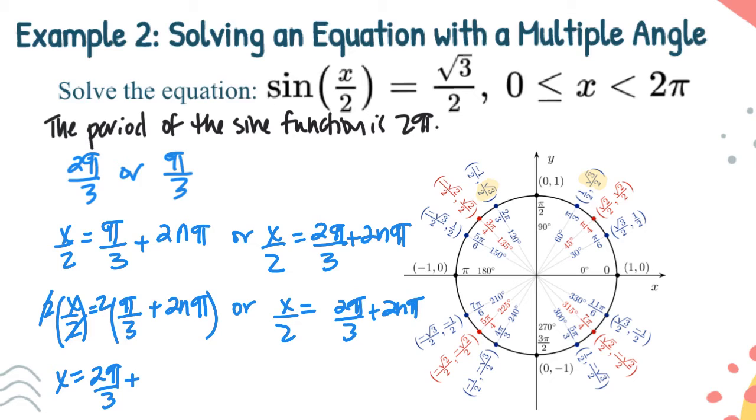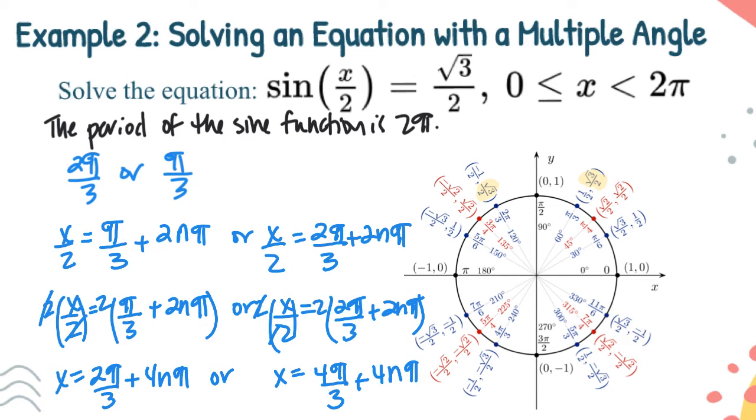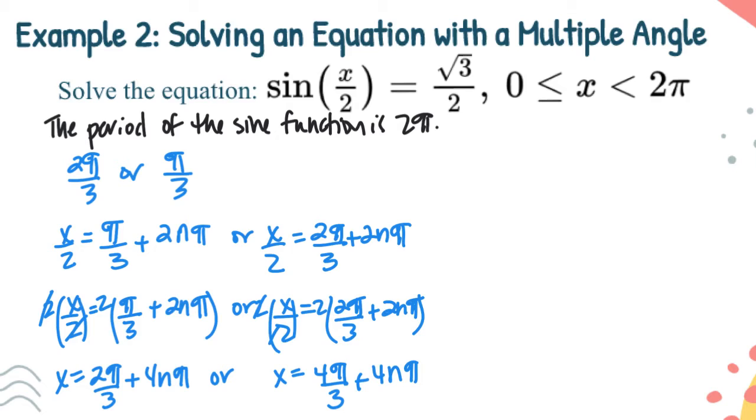And then 2 times 2n pi is 4n pi. And then we do the same thing over here, times 2 times 2. So x equals 4 pi over 3 plus 4n pi. So now we have two formulas that we can use to find all of our possible solutions.